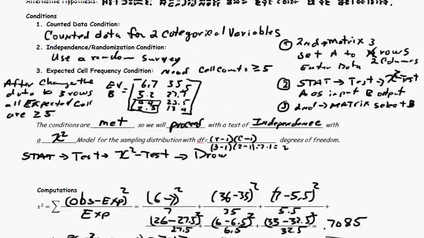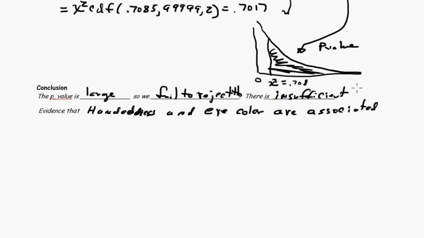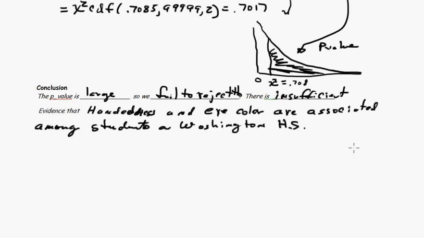Now, let's see if there's more context to this. You could say among students at Washington High School, to really get deeper towards the question and make sure that you've narrowed it.